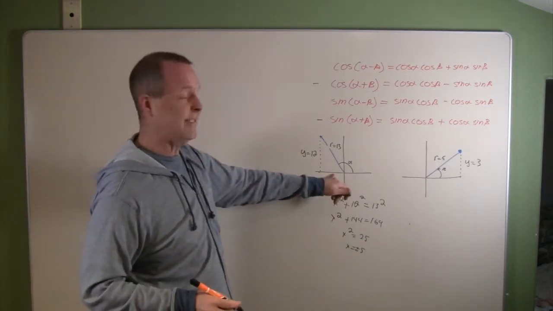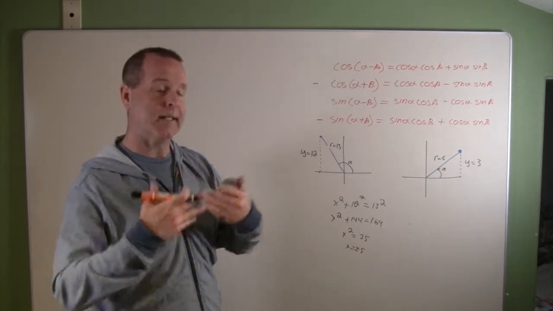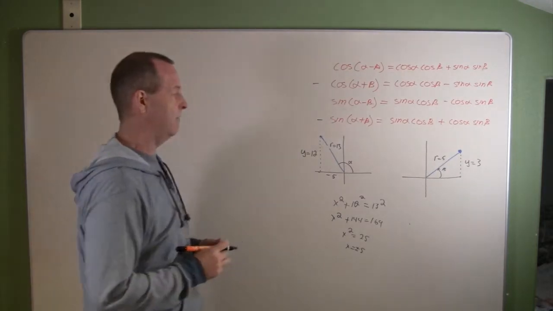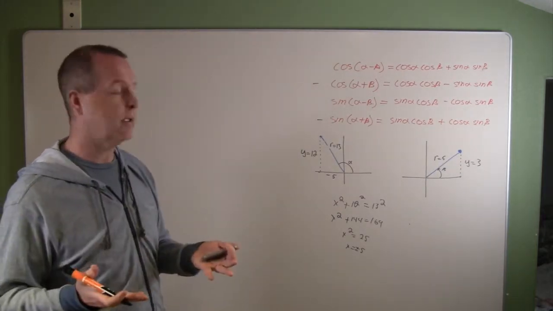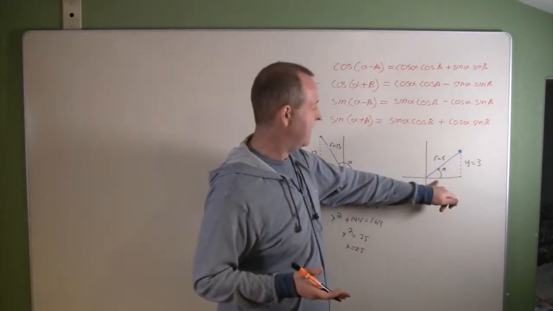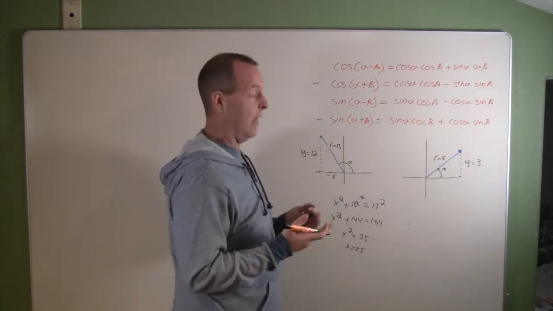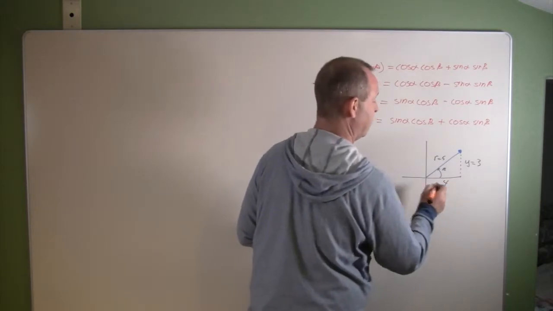And so this distance is 5. Since I know it's in the second quadrant, it has a value of -5. Likewise, if I wanted to find this leg over here, I can do the same thing, and I'll discover that that's a 4.